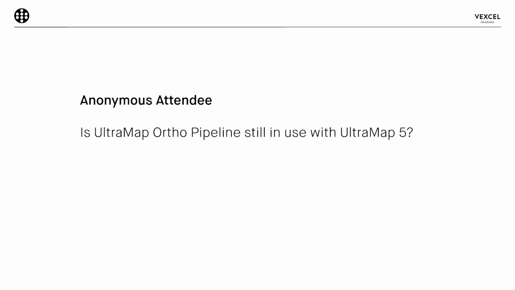But for projects that you have started in production already with version 4, so there exists already some processing results in version 4, you can continue now with an UltraMap auto production legacy version in UltraMap 5.